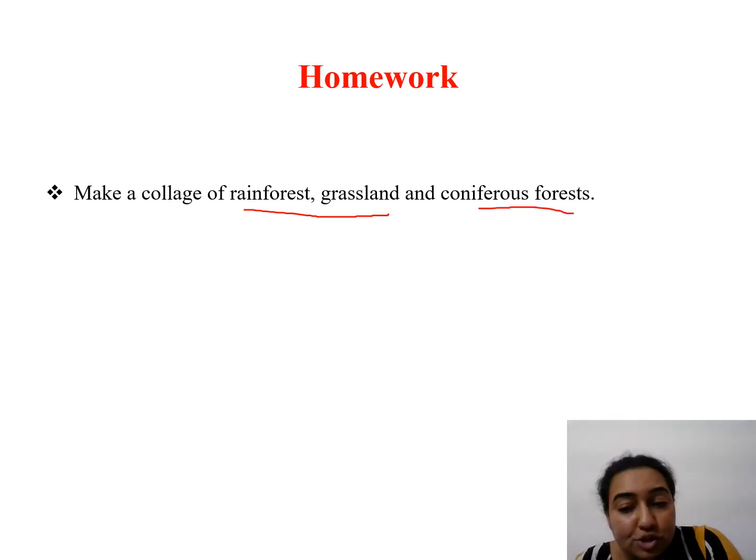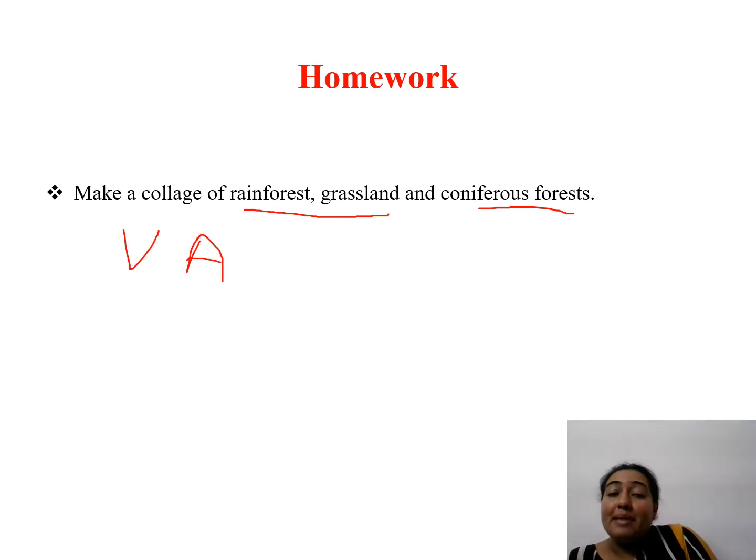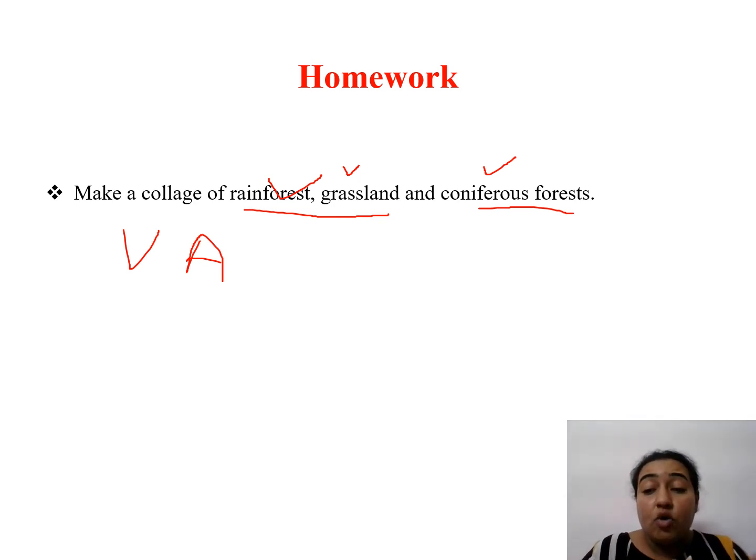You can stick pictures of vegetation, and pictures of animals will also do. Make a collage and give appropriate headings to all these different vegetation types, and define in what areas they are found. You may also draw and stick pictures in your activity book.